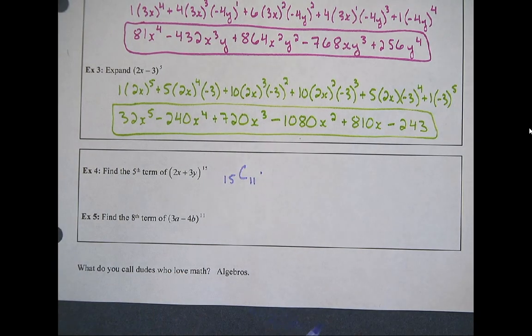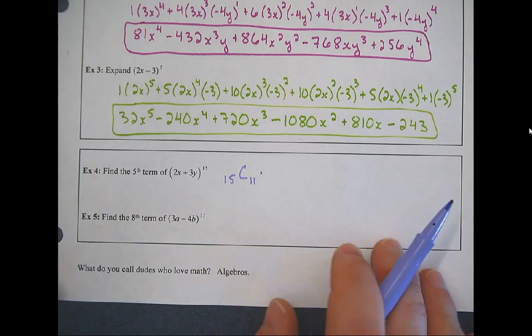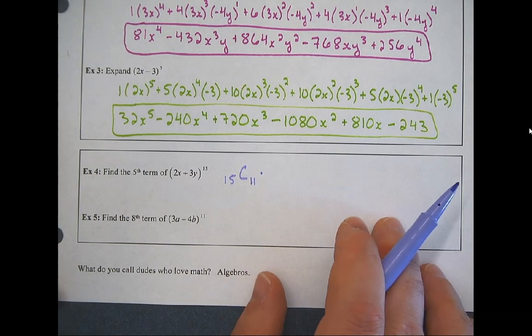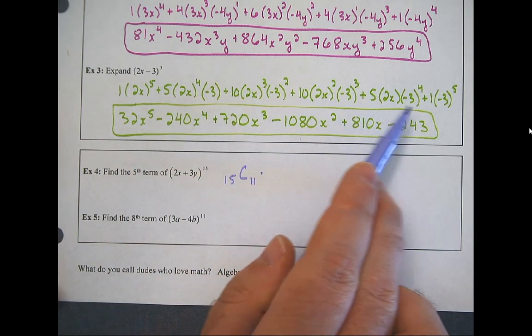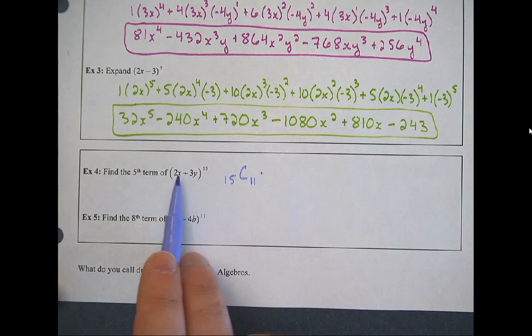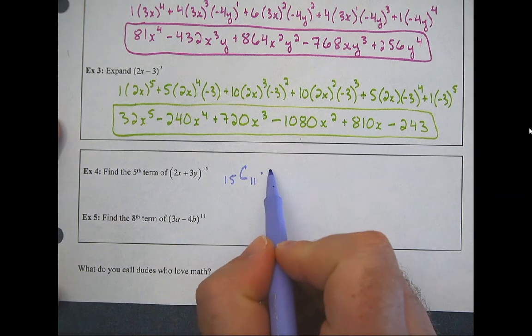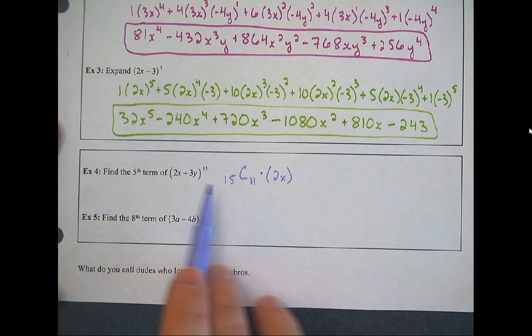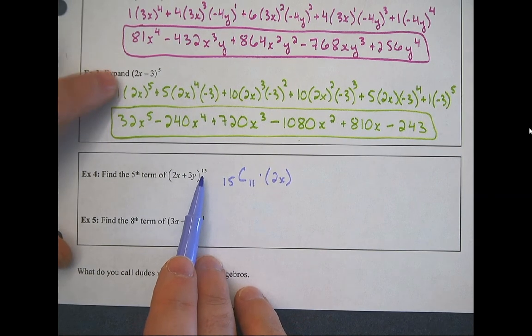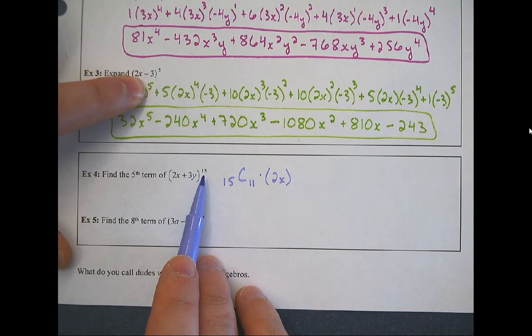Now, folks, that only gives us the coefficient. That's this number out front, the 5 or the 10 or the 10 or the 5 or the 1. What we now need to do is take 2x and raise it to an exponent. What exponent would we be at if we were in the 15th row? Well, the first term would have a 5. Look at when it's a 5.